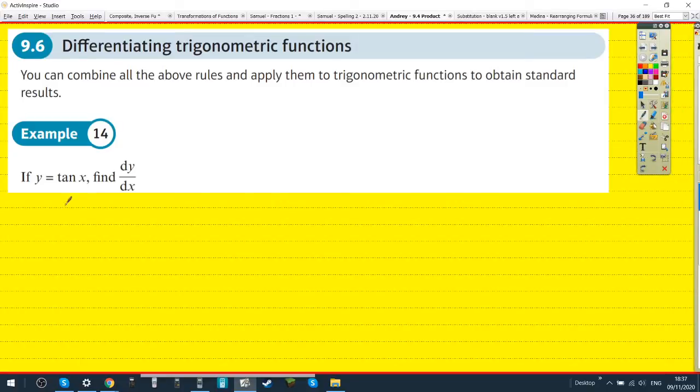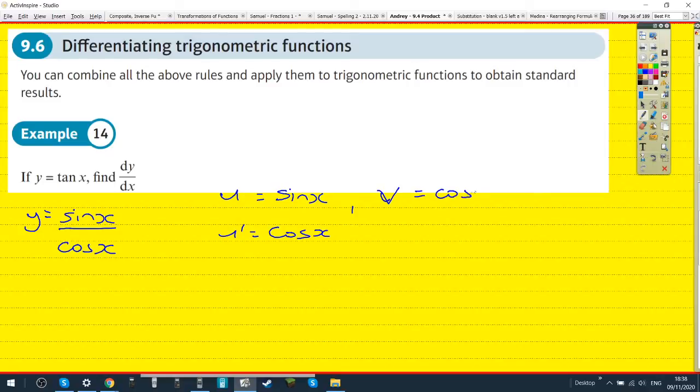Oh, actually, tan x is equal to sine x over cos x. That's my guess. Okay. And then I know the derivative of sine x is cos x, and the derivative of cos x is minus sine x. Yeah. So quotient rule that one. It's v u dash minus u v dash, sorry.